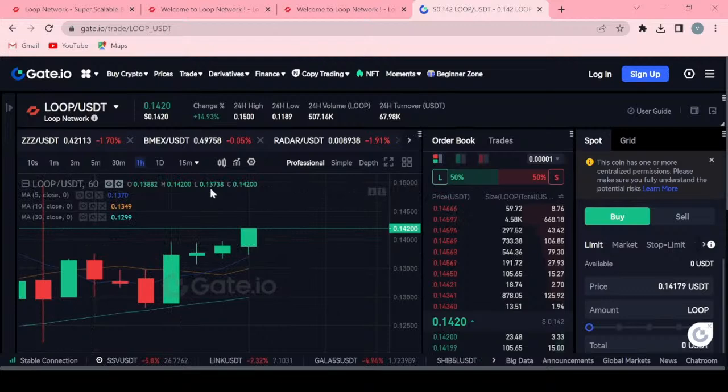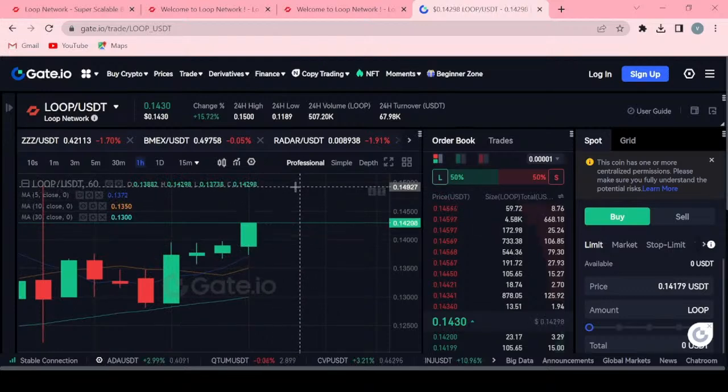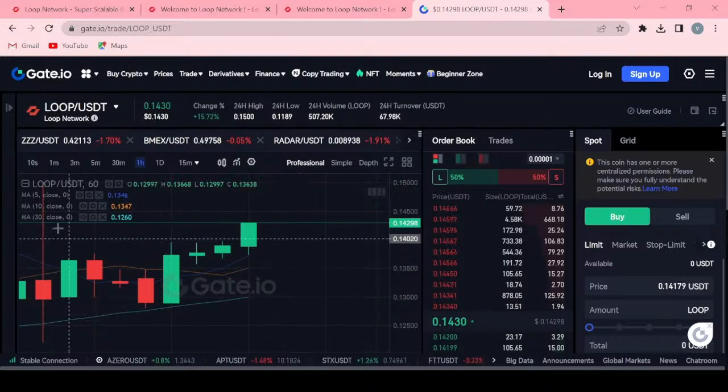Maybe there are higher buyers and sellers at the price of 0.149. Now the price is 0.1430, so maybe it may occur there.